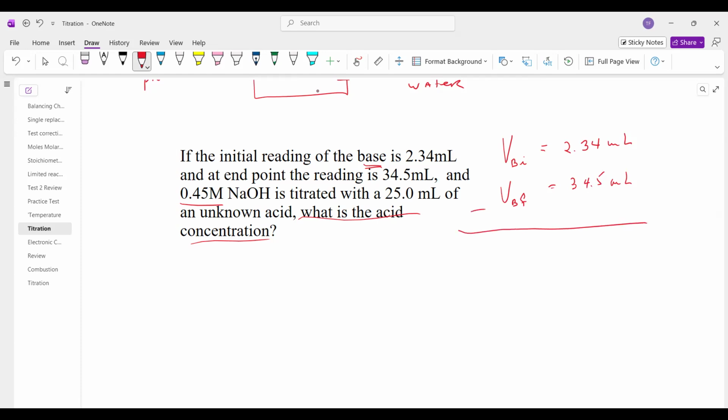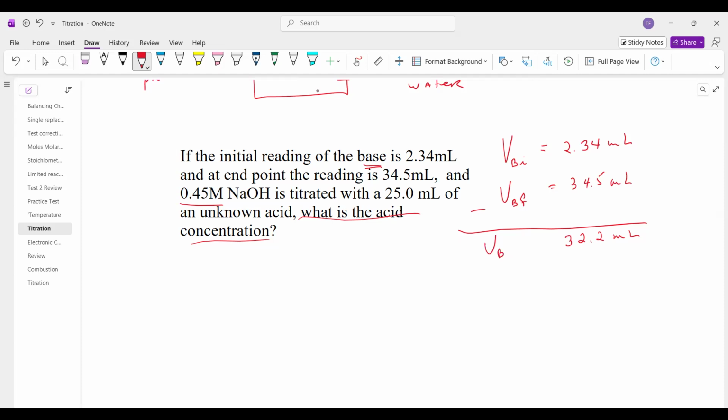You subtract the two, unless it's at zero. So that's the volume of the base.